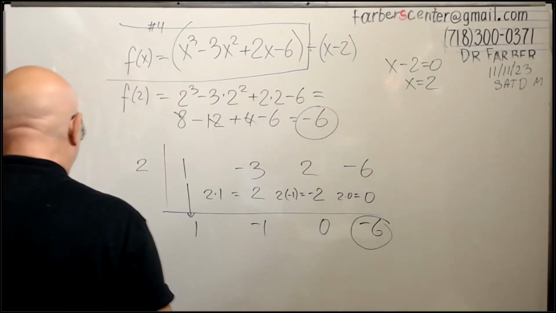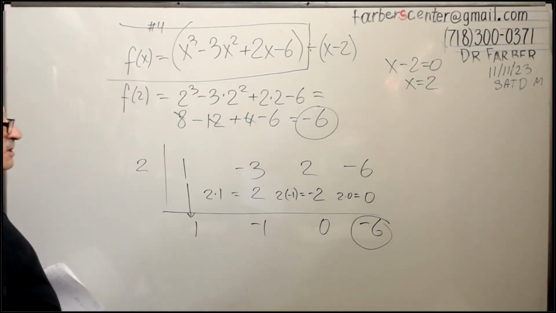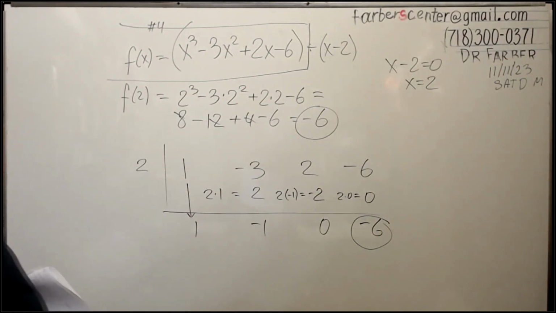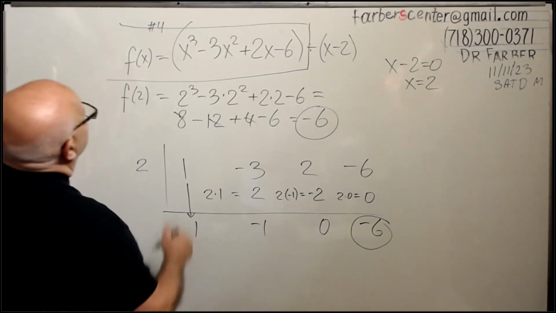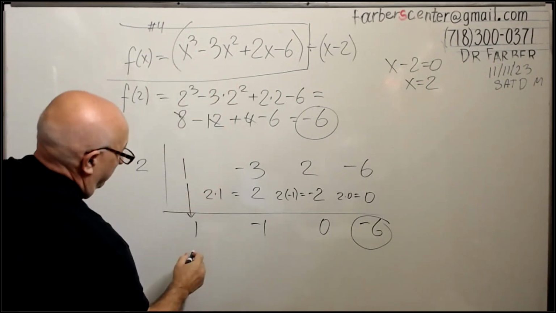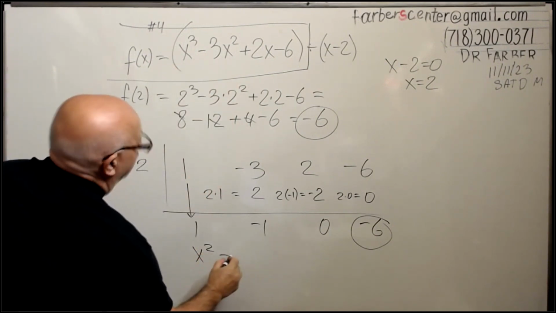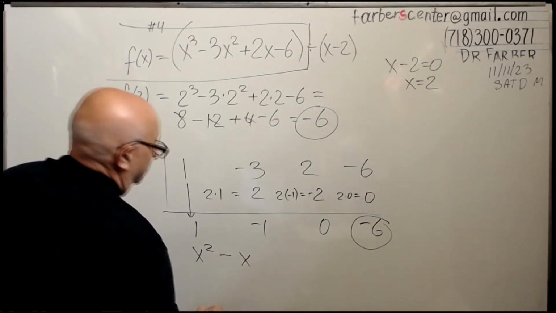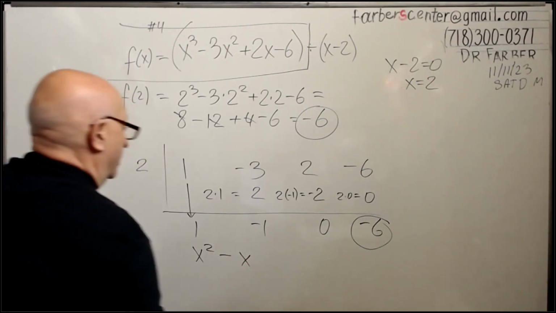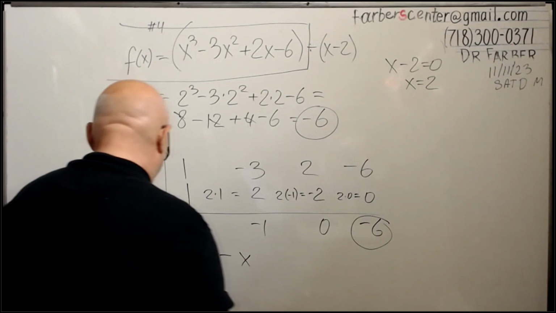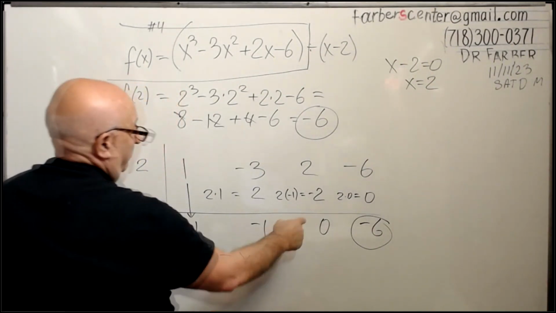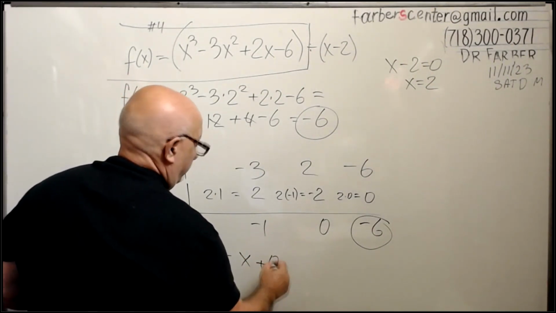And how to represent the quotient and remainder in polynomial format? Easy. Write it down. x cubed becomes x to the second. It would be x squared minus x. Nobody writes 0 here, plus 0, you can write plus 0, but it would be like this.